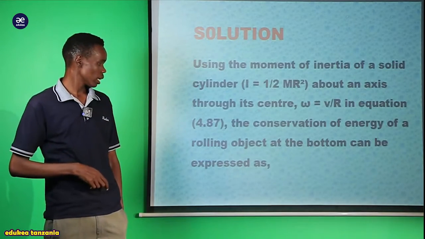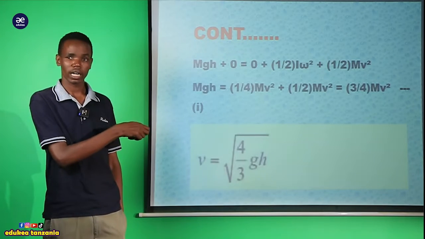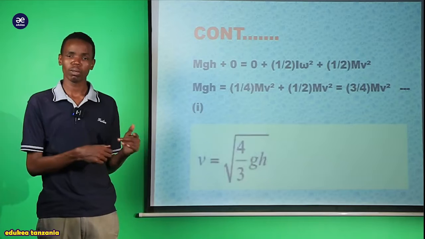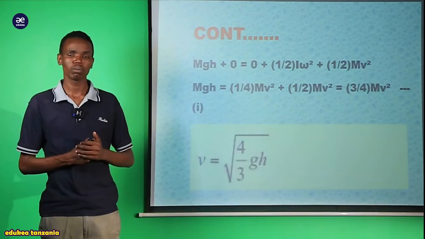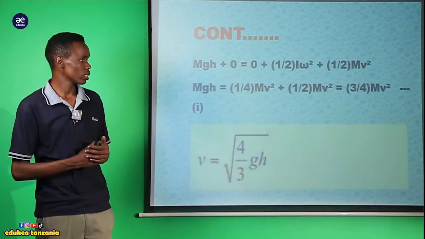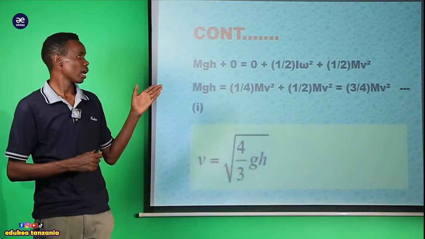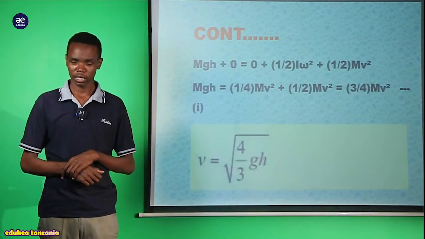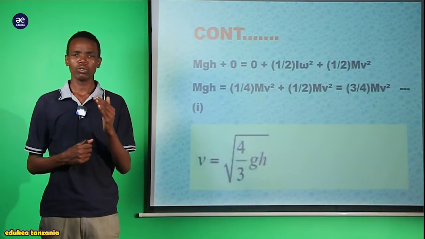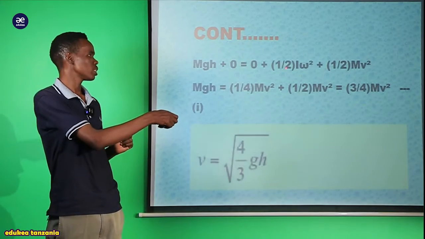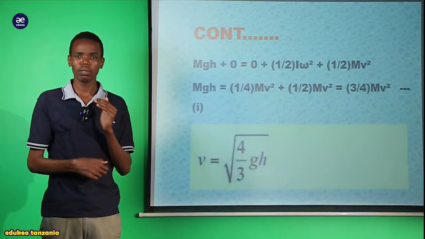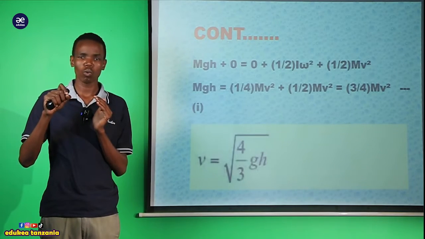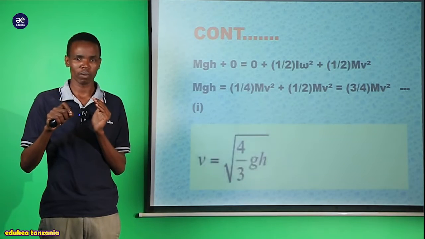So using this formula here, we observe that mgh must be equal to half Iω squared plus half mv squared. But we know that the moment of inertia for the cylinder is equal to 1 divided by 2 mr squared.